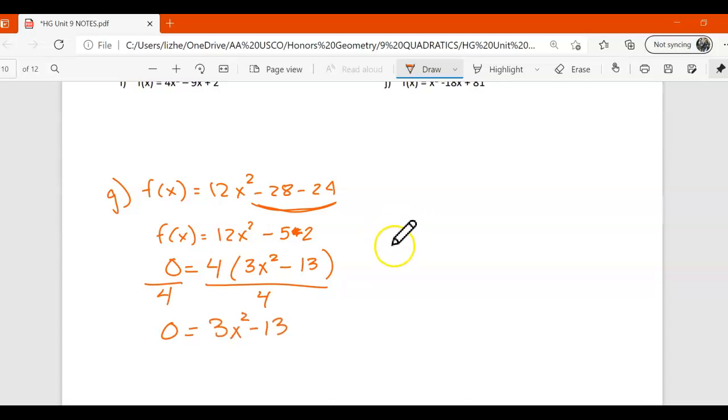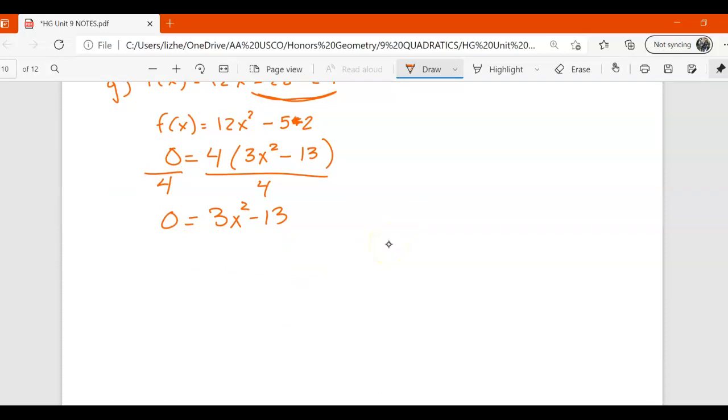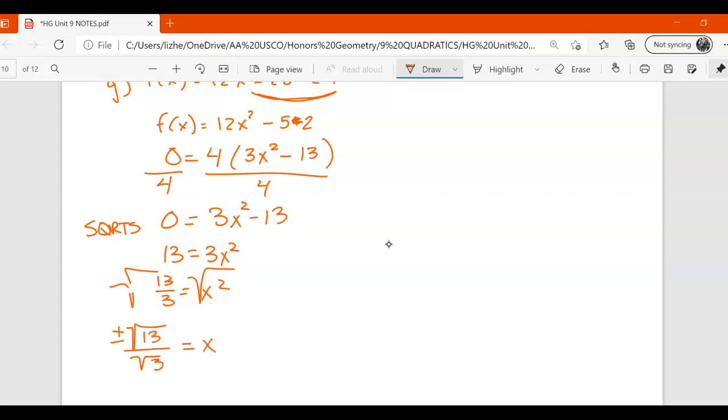Now there is no factoring that can happen there, but you can still solve that using square roots. So I'm going to add 13 to both sides. I'm going to divide by 3, so 13 over 3 equals x squared, and then I square root both sides. So therefore, I have plus or minus the square root of 13 over the square root of 3 equals x.